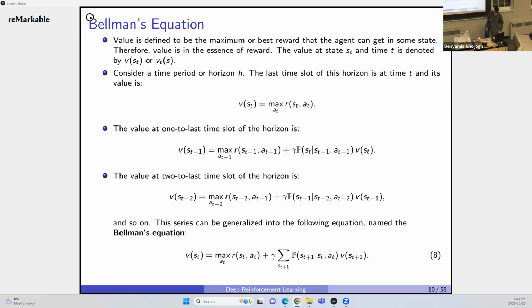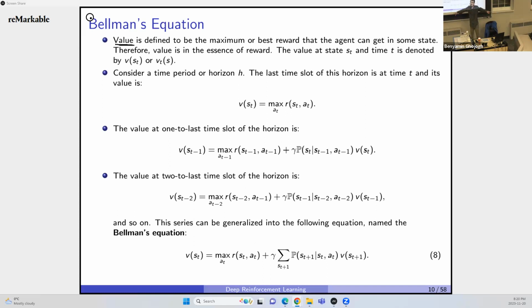Okay. So what is value? Now I'm introducing the next important thing in reinforcement learning, and that's value. Value, you can see it the same as reward, but the maximum reward. See, at every stage, whatever I do, I get some reward.